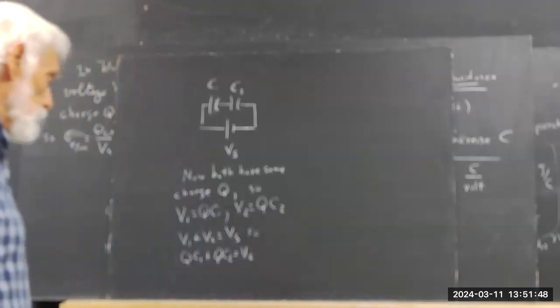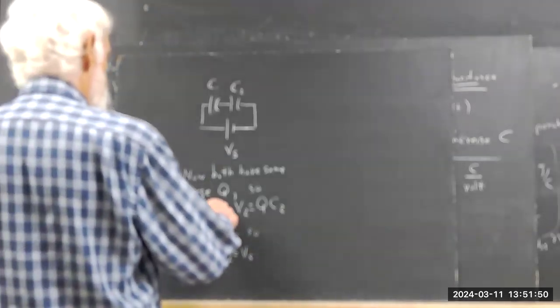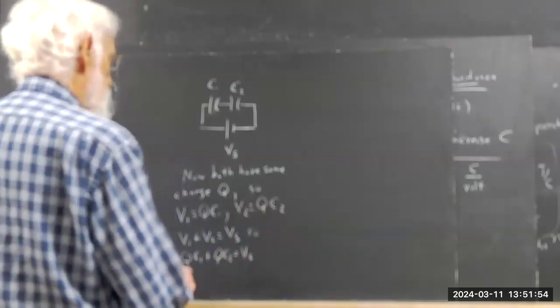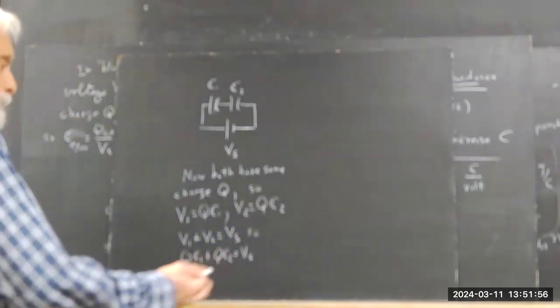And that's pretty easy to understand if you think about it. So Q over C1 plus Q over C2 is the voltage of the source.